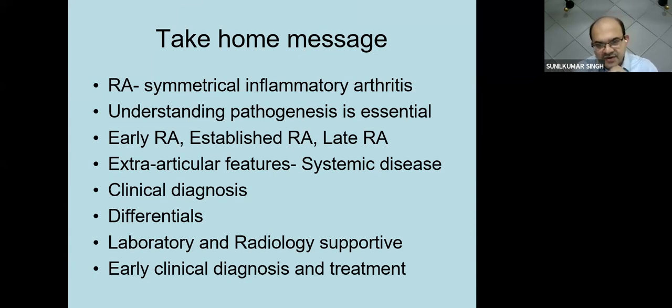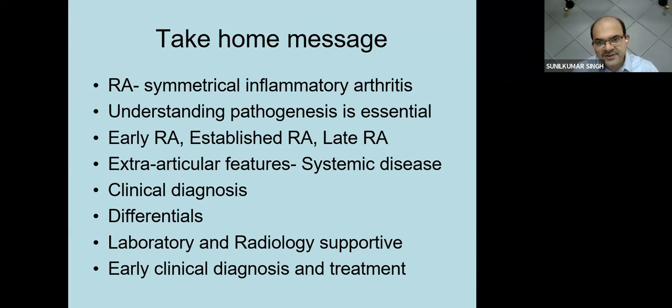I emphasized the pathogenesis, and I think it's important for you to read, simplify it, and understand the key elements that are involved, because that will help you with the manifestations as well as the treatment. Early RA manifestations are different, best to pick up at that time. In established RA, you will be able to see the joints, more visible swelling, some deformities, and of course in late RA, be ready to pick up those deformities which we just went through.